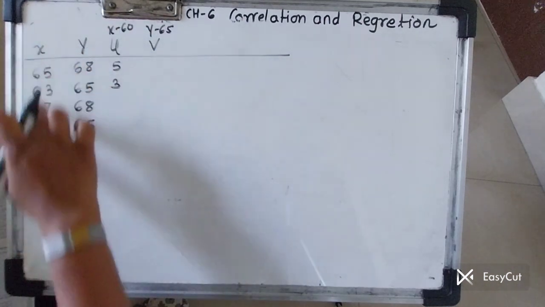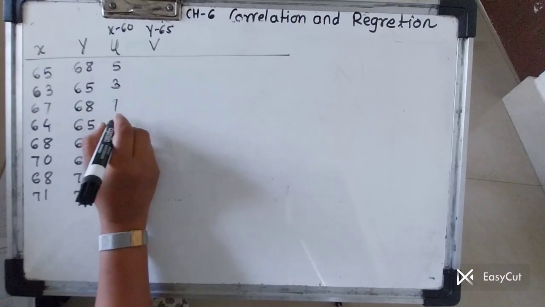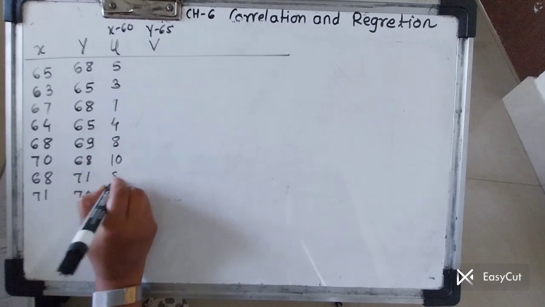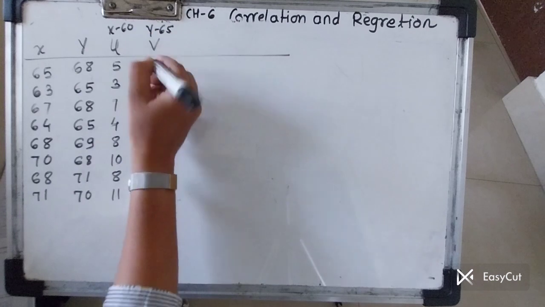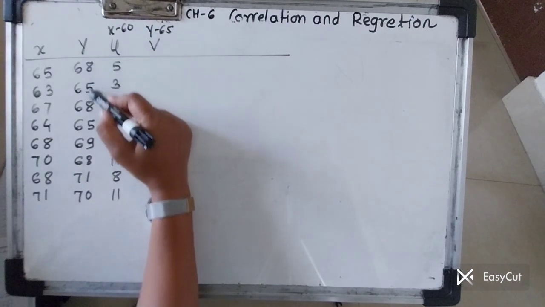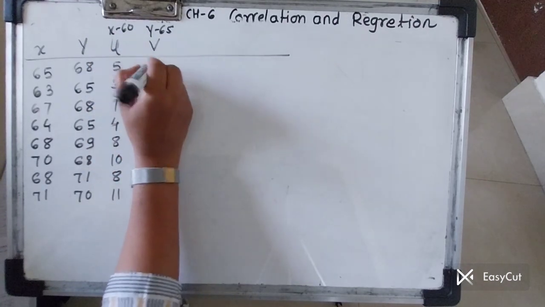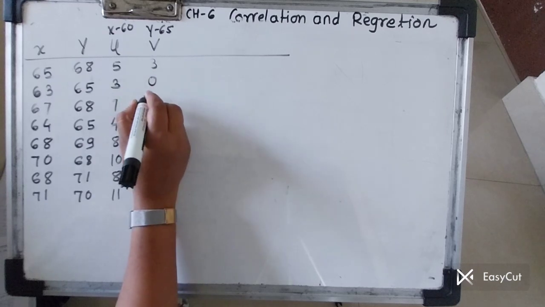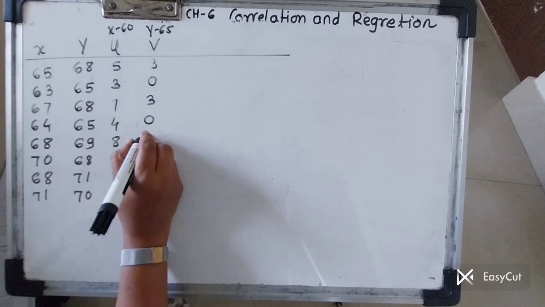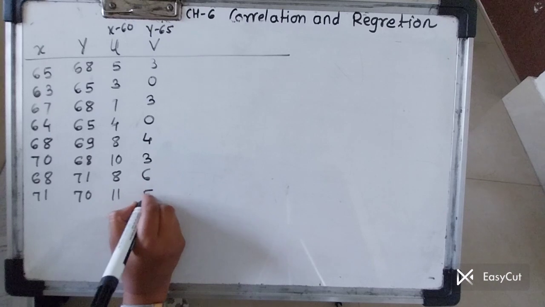Subtract 60 from each observation of x. Okay, 5, 3, 7, here 4, here 8, here 10, 8 and 11. Again b is 65. Subtract 65 from each observation of y. It is 3, 0, 3, 0, 4, 3, 6 and 5.